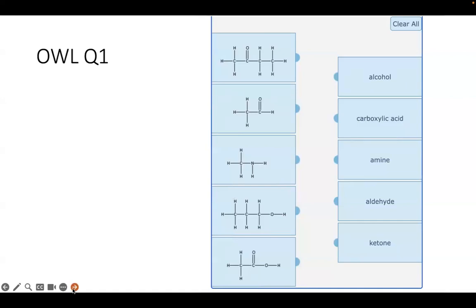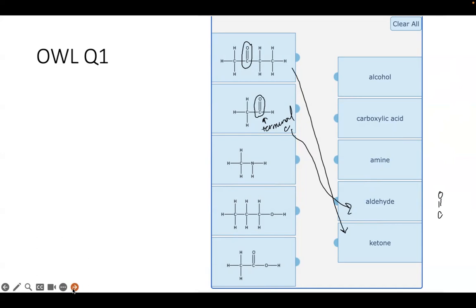So a carbon double bonded to an oxygen sandwiched between 2 other carbons is a ketone. A carbon double bonded to an oxygen, but on a terminal carbon, is an aldehyde. So aldehydes and ketones are both carbons double bonded to an oxygen. It's just where they're placed in the carbon chain, okay?